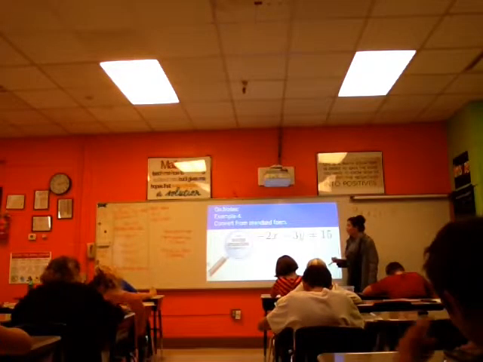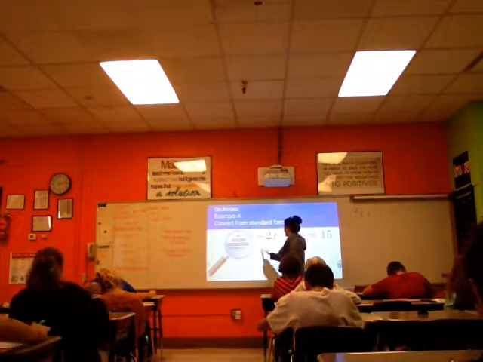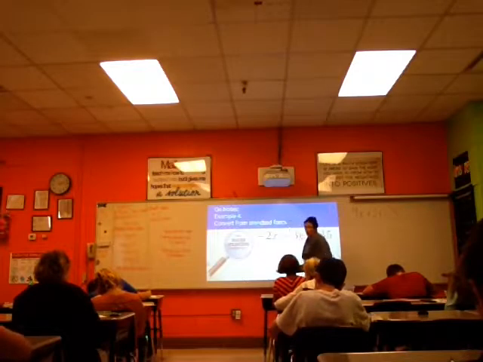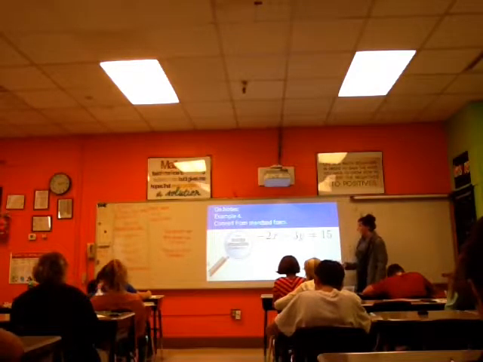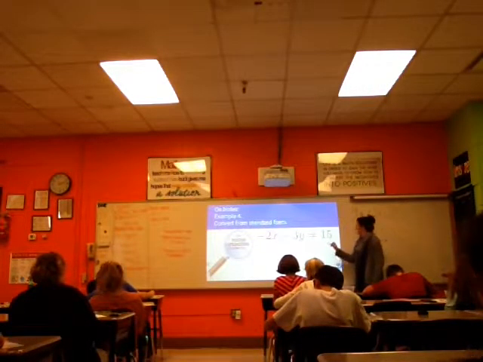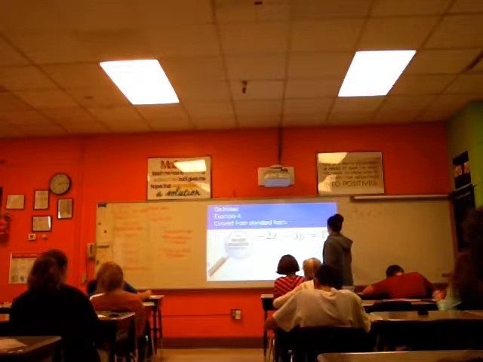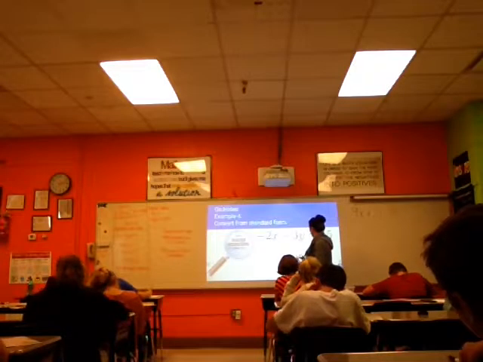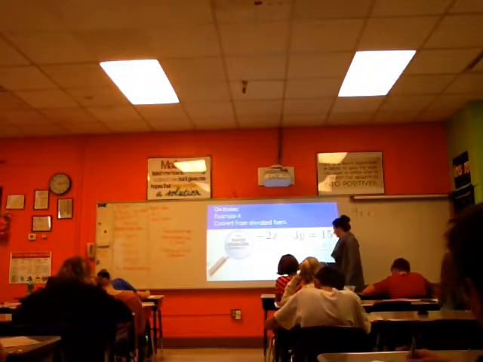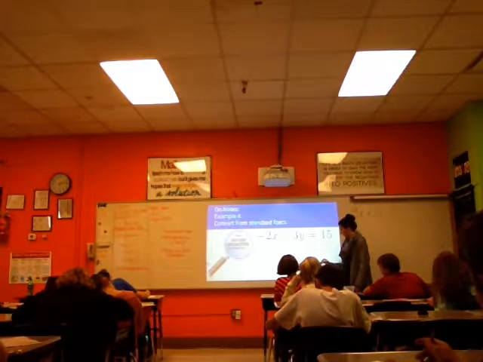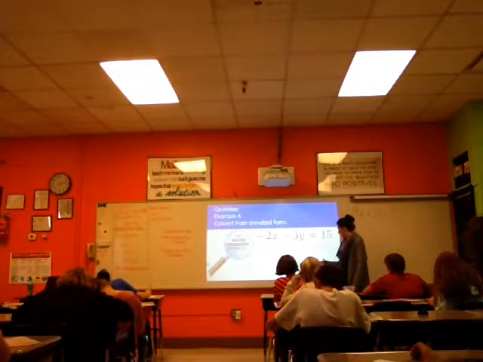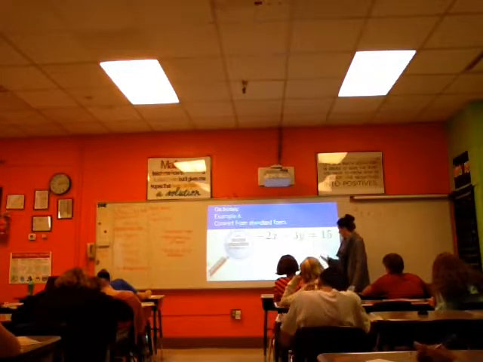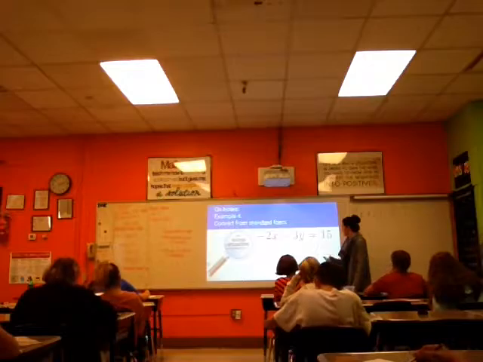And then they're going to add 2x. Why did you add 2x? Good. Is that it? Good. I get negative 3y equals, what comes first? Okay, 2x. Then what? Positive 15. So I add 15.